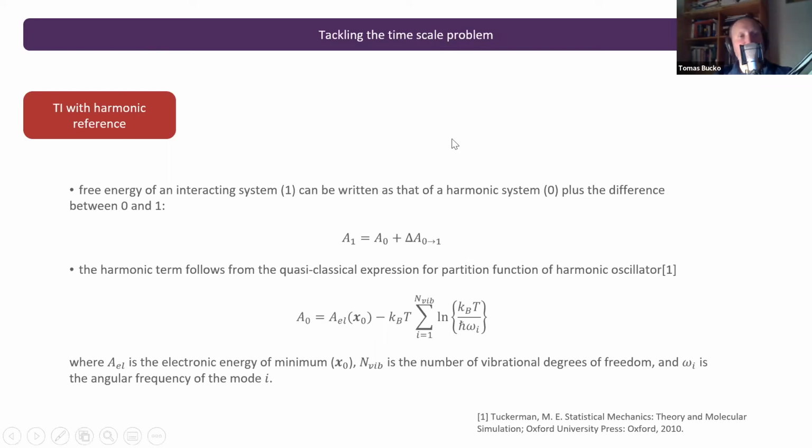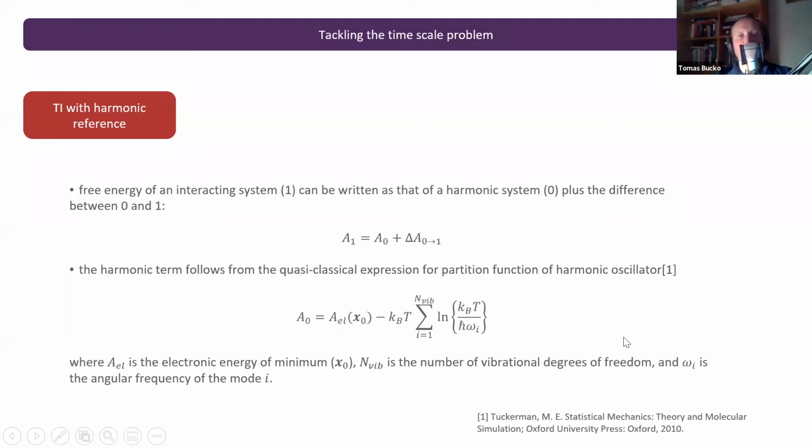Here I would like to talk about a method that allows you to overcome this problem. That's thermodynamic integration with harmonic reference. Here, the free energy of an interacting system that I label 1 can be written as the free energy of a harmonic system, 0, plus the difference, the anharmonicity. The advantage of this formula is that the harmonic free energy can be expressed analytically. You can use a quasi-classical or quantum mechanical expression, which depends only on the energy of the minimum, the harmonic frequencies, and the temperature.